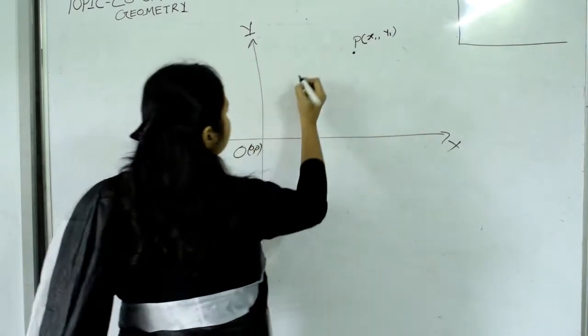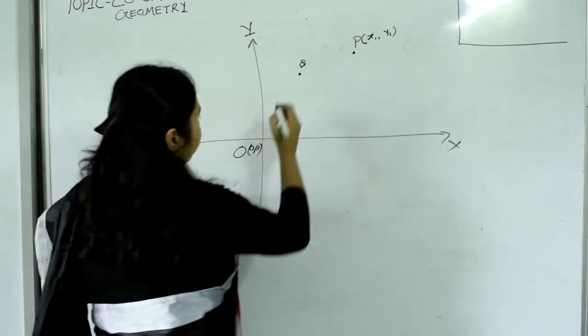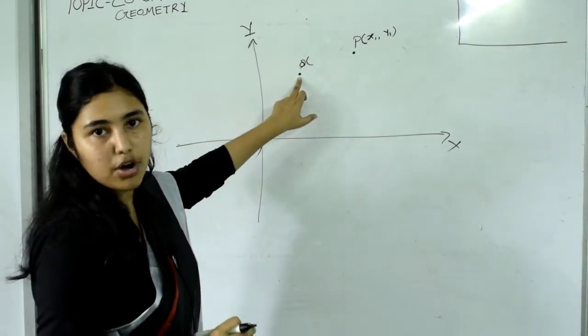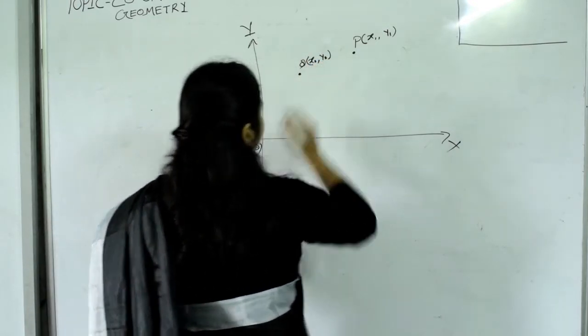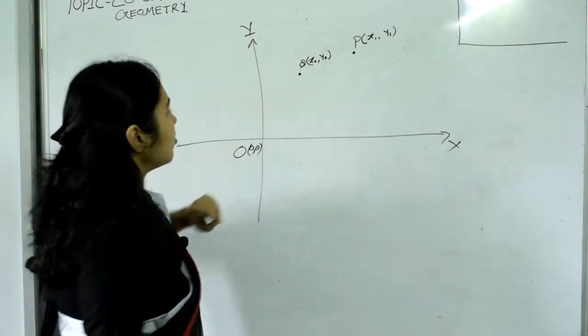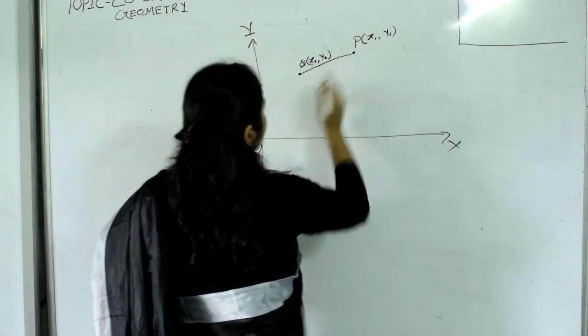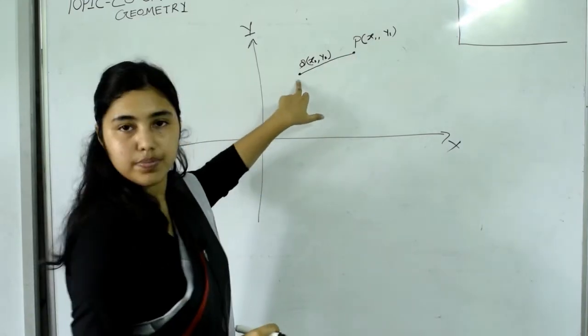And suppose this is another point Q, and the Cartesian coordinate of this point Q is x2 and y2. Now we have to find this distance PQ.